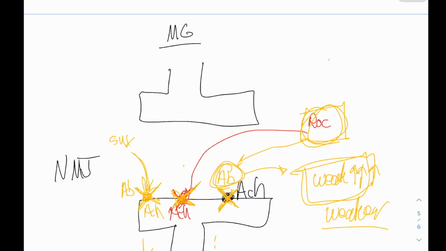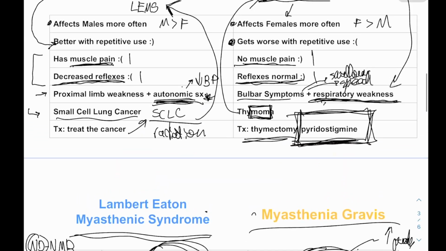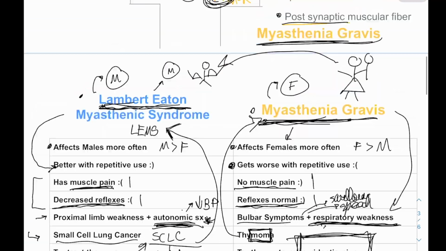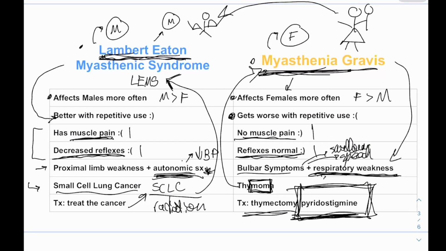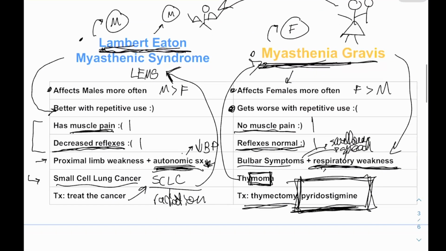And so myasthenic patients are more resistant to SUX because SUX is unable to bind to this acetylcholine receptor. So that is very important to remember. And that sums up all the major things that you need to know regarding Lambert-Eaton and myasthenia gravis. This will definitely get you a lot of points on your exams.